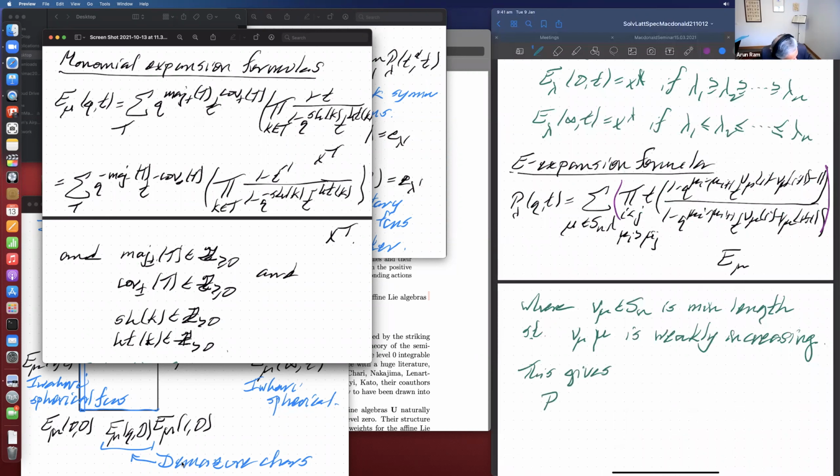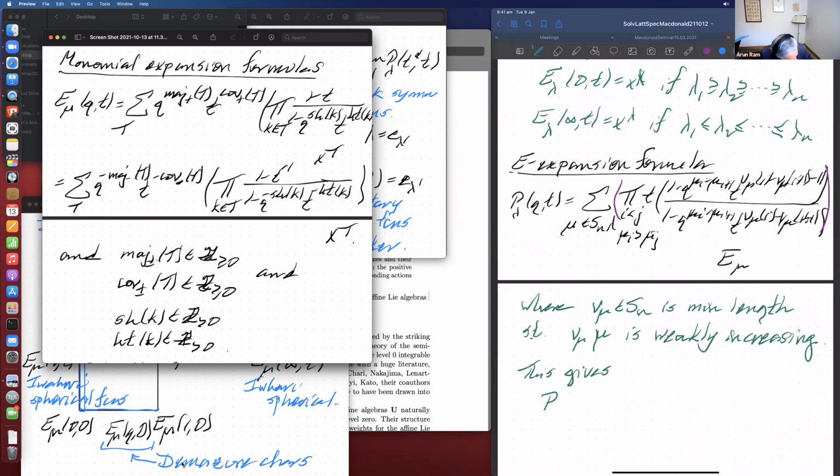Where del i here is your favorite difference operator. So you switch the two variables xi and xi+1, and then divide by xi minus xi+1. All right, so I have a very specific way of generating one E mu from another E mu by either rearranging the parts or by adding a box or removing a box, and you can generate them all this way. And that's the creation formula.